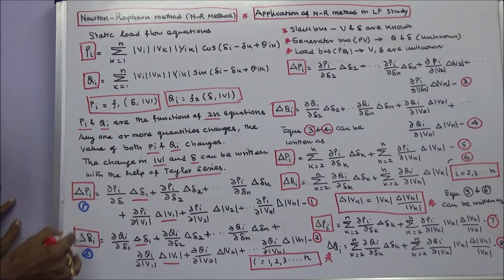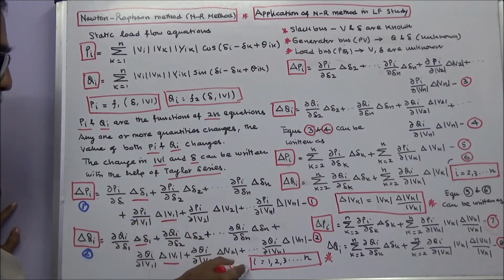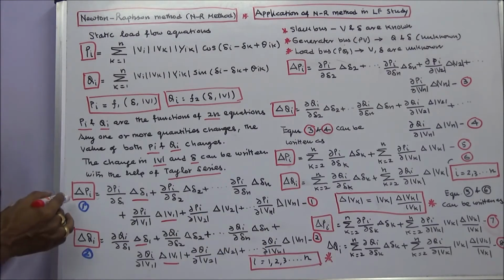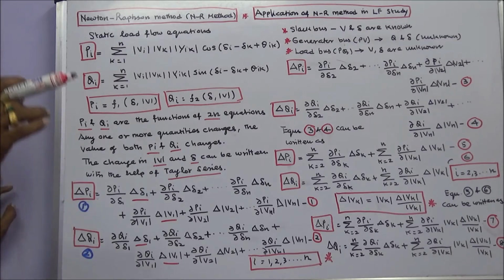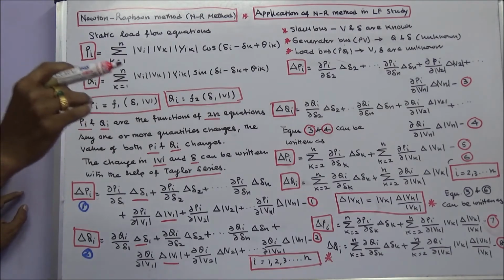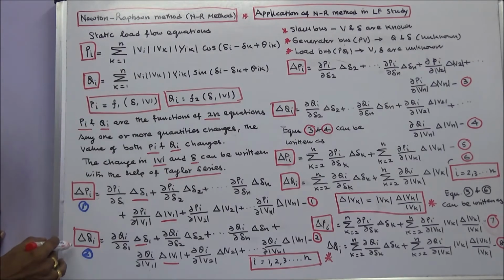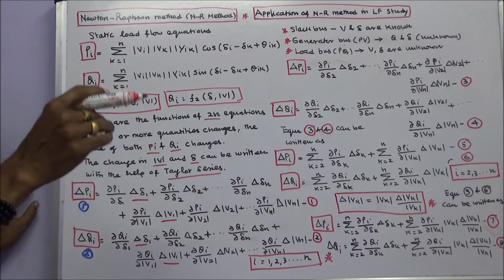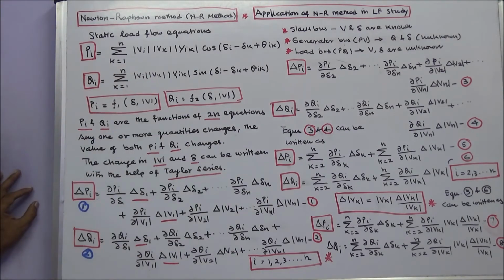Equation 1 and equation 2 are the Taylor series. Here i is equal to 1, 2, 3 up to n. Delta Pi is equal to real power specified minus real power calculated. Delta Qi is equal to reactive power specified minus reactive power calculated.